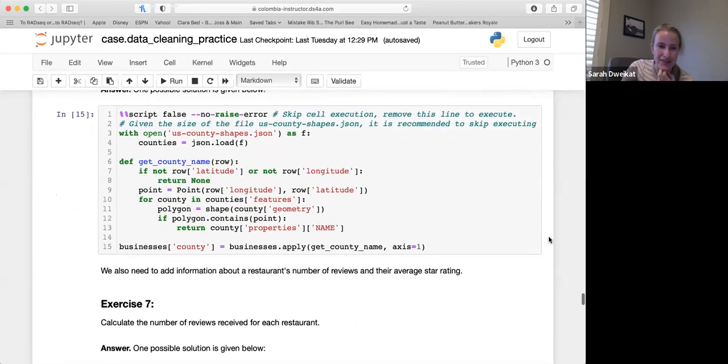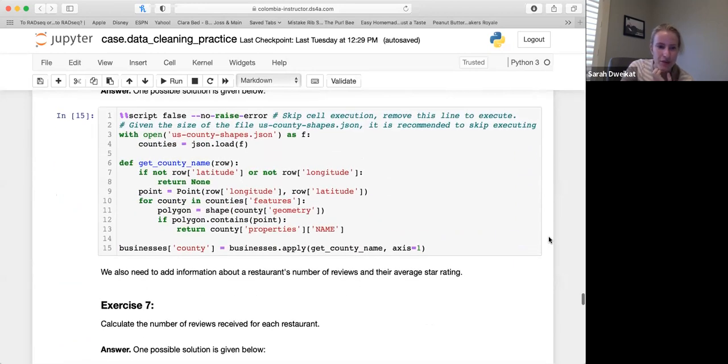Okay, so let's keep going. The next thing we want to do is, we were asked at the beginning of our case to add information about a restaurant's number of reviews and their average star rating. So for exercise 7, we want to calculate the number of reviews received for each restaurant. Let's take a couple of minutes and think about how you might organize or write your code.